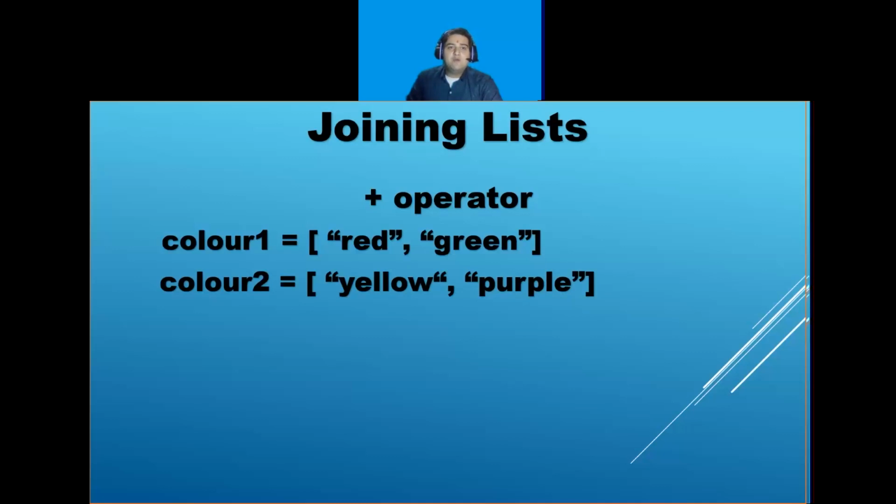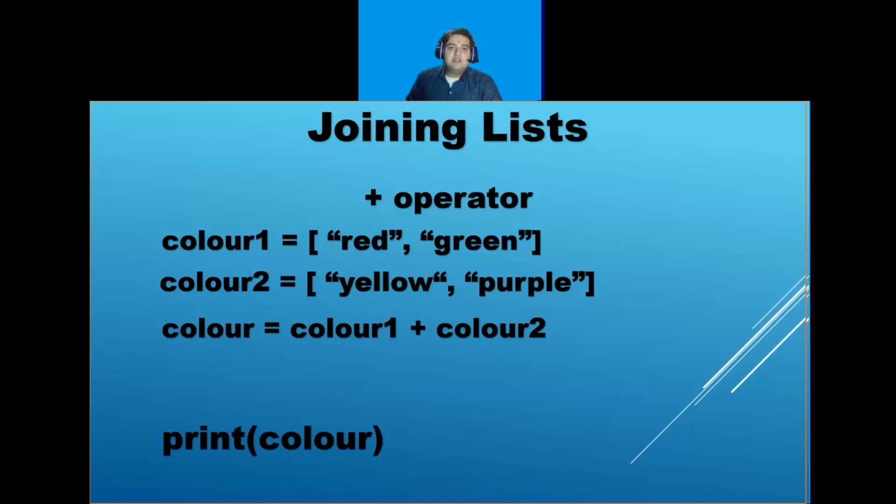If I write color 1 plus color 2 and store them in a new variable, which is color, and now print the new variable color, it will first display color 1 elements and it will join color 2 elements beside color 1.